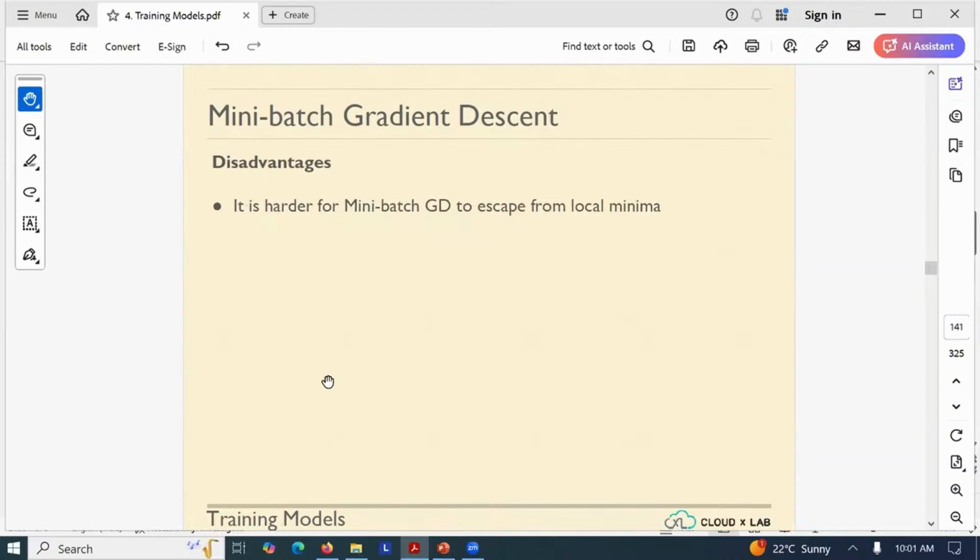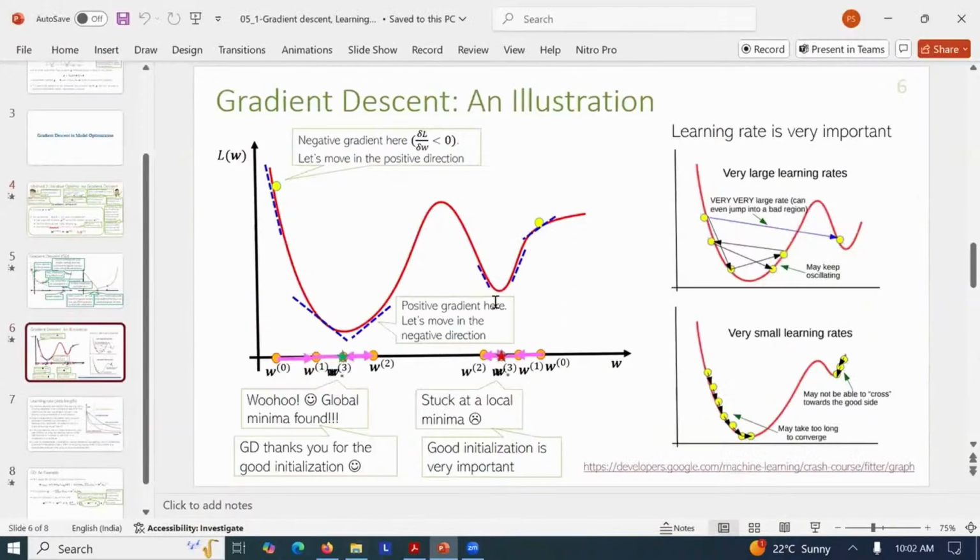The disadvantage here is that it is harder for mini batch GD to escape from a local minimum, right? If you are trapped, let's say at a local position here, then using SGD you can escape, because in SGD the gradients are noisy and random, and that randomness helps you move out of this local region.